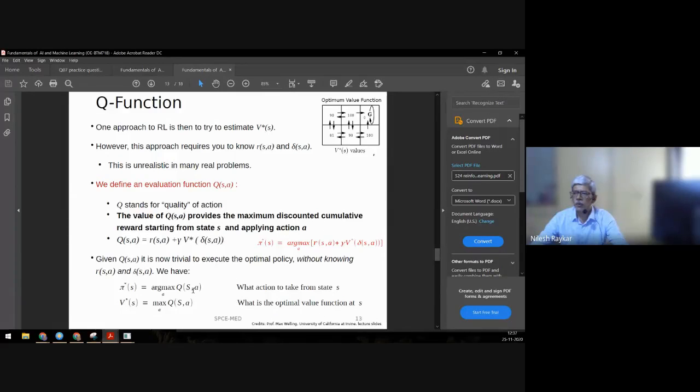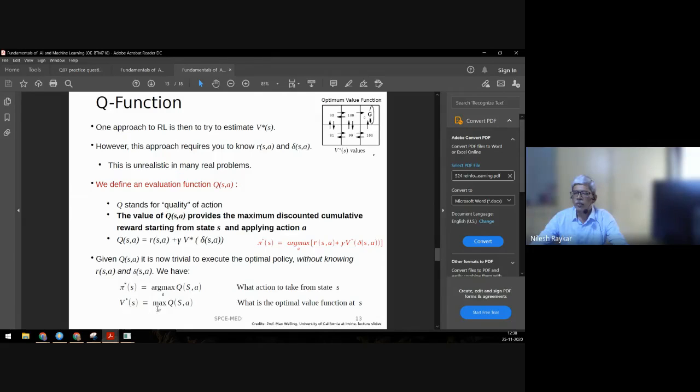Corresponding to right, left, and bottom, you have to calculate the Q functions, which in our problem are available. Whichever action gives you the maximum value of the Q function, that is the policy. That is the way you should move. That is the way you will be solving this case.